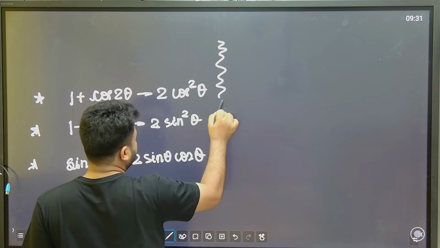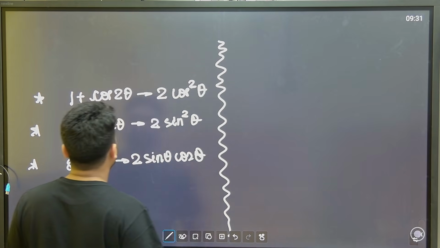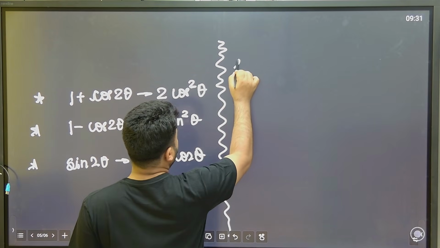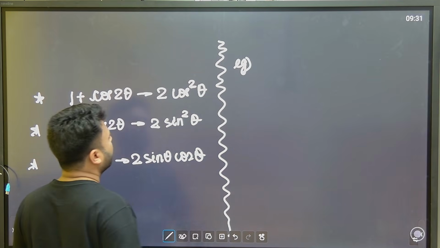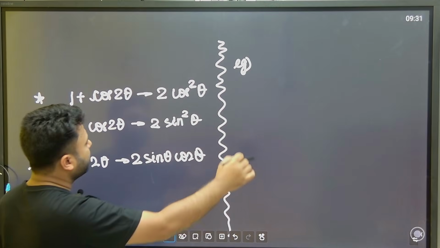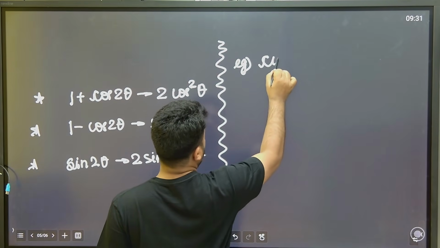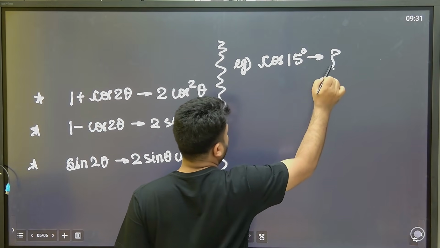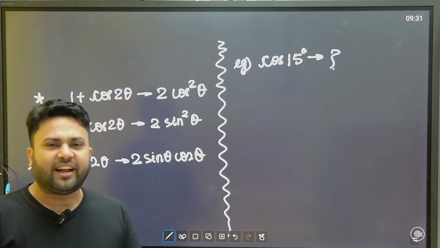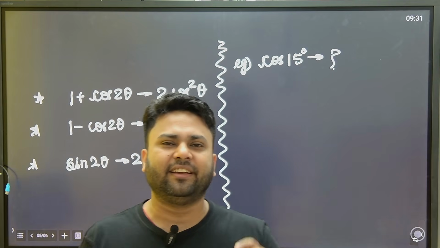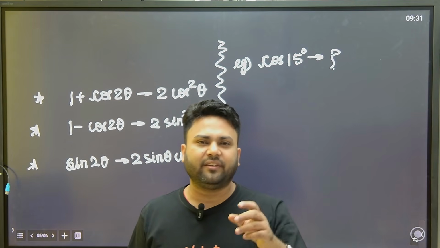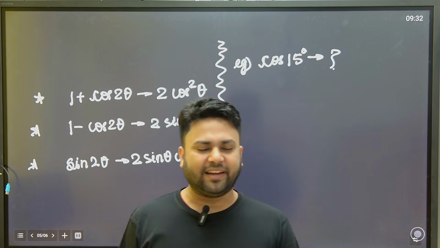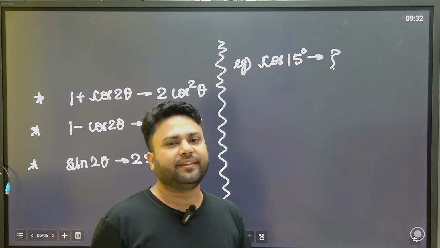Suppose someone asks what is cos of 15 degree. Now the standard values we know: 30 degree we know, 45 degree we know, 60 degree we know, 37 degree we know, 90 degree we know, but this is 15 degree.